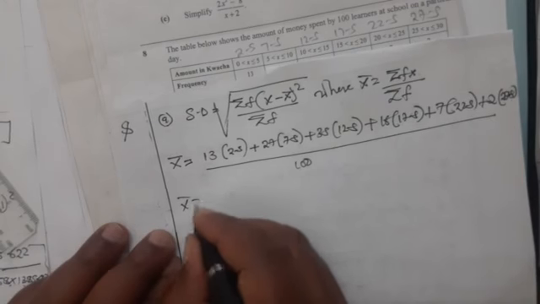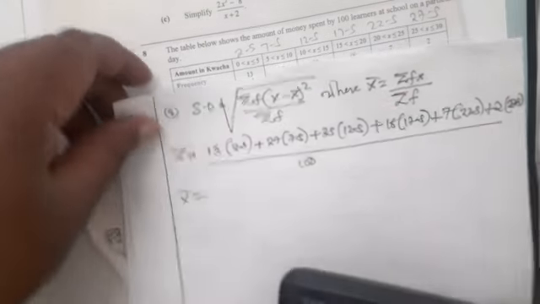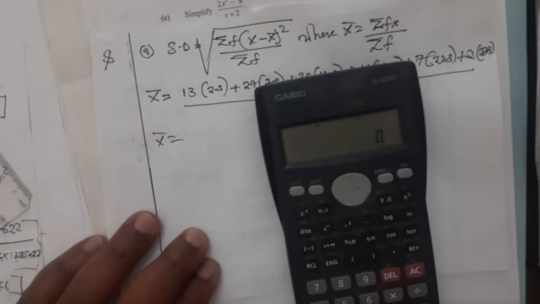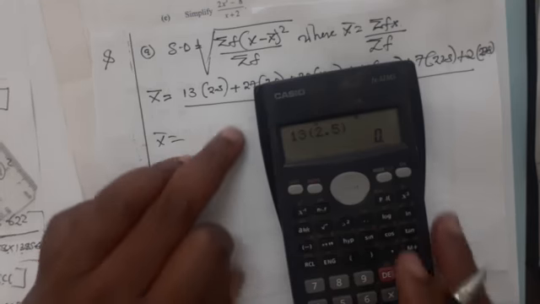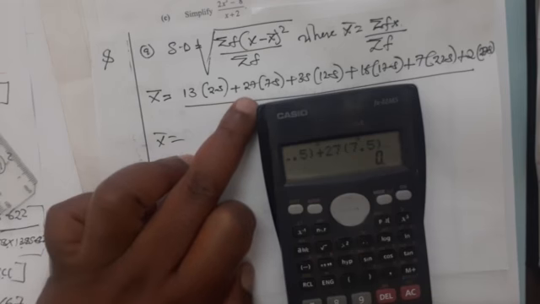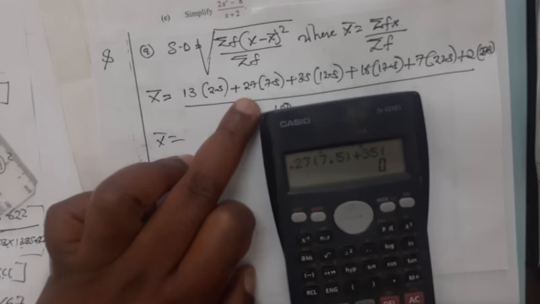Alright, so you say x bar is equal to, here the job has been simplified now, so you get your calculator and punch it the way it is. 13, open the bracket, 2.5, close. The next one is plus 27, open the bracket, 7.5, close. Then plus 35, open the bracket, 12.5, close.